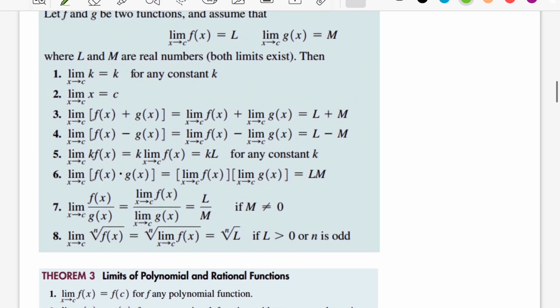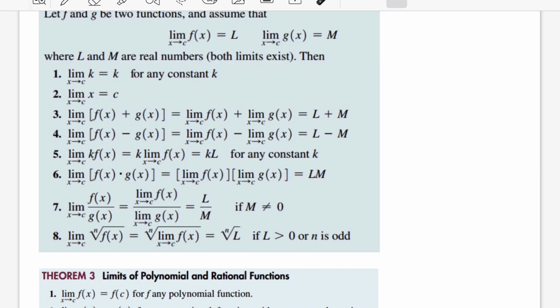And then theorem 3 here is very important for polynomial and rational functions, and it tells us that the limit of our function as x approaches c is going to be equal to the value of our function at c for any polynomial function. And then the limit of our function as x approaches c is going to be equal to the value of our function at c for any rational function as well that has a non-zero denominator at that value c.